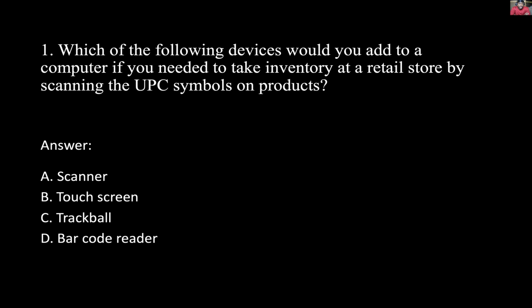So question 1: which of the following devices would you add to a computer if you needed to take inventories at a retail store by scanning the UPC symbols on products? Some of you like Target, Walmart. When you go to Walmart, how do you scan?